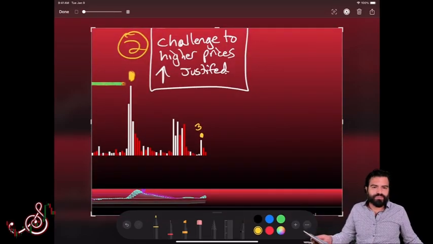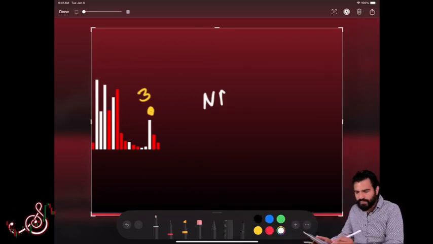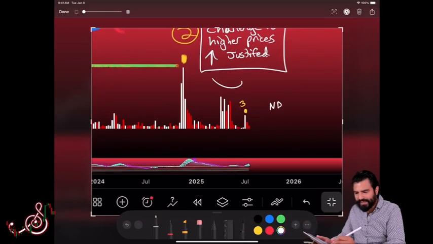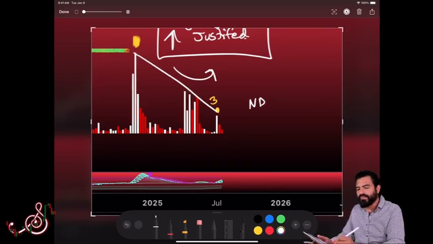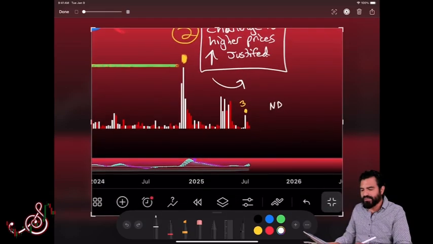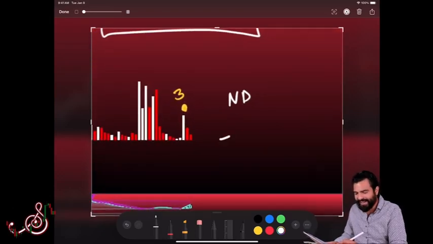Is it lower? Is it no demand? Or is it something else? It's a decrease. Yes, it is a decrease. There's a special symbol for this one, though. Aggregately high. That's right.